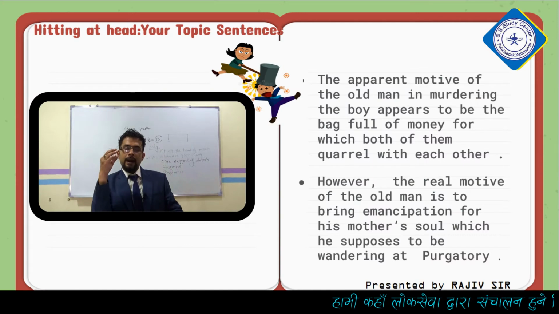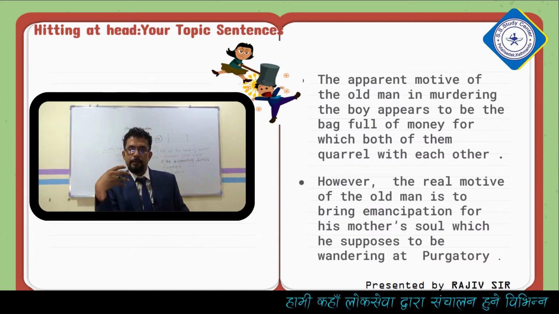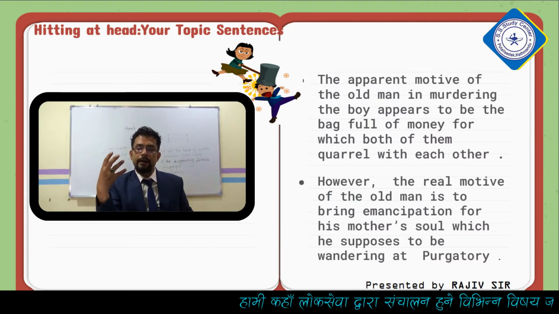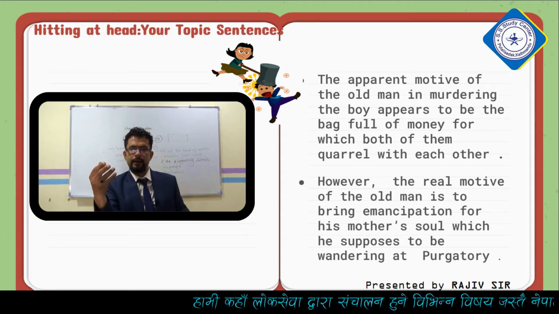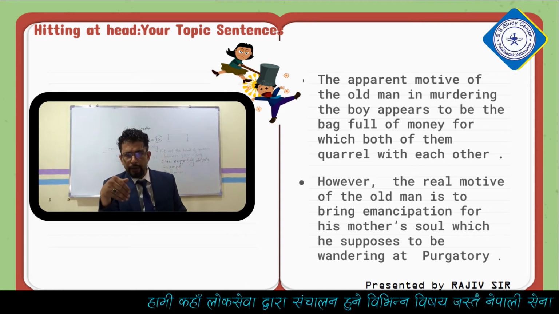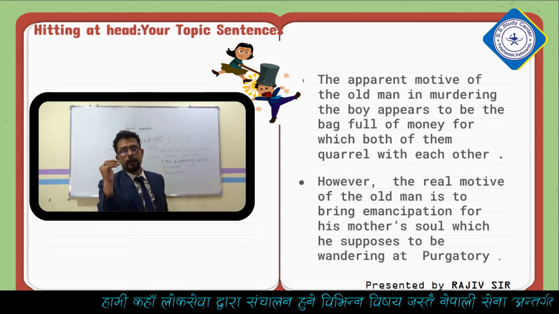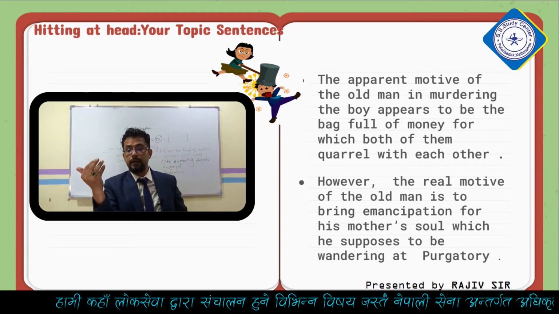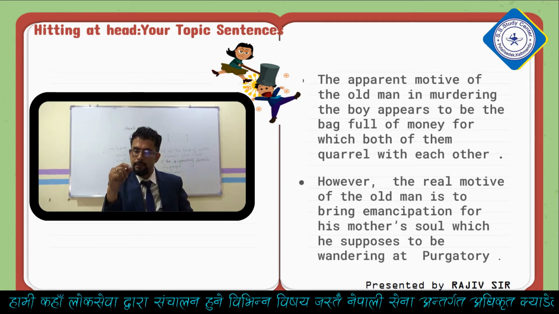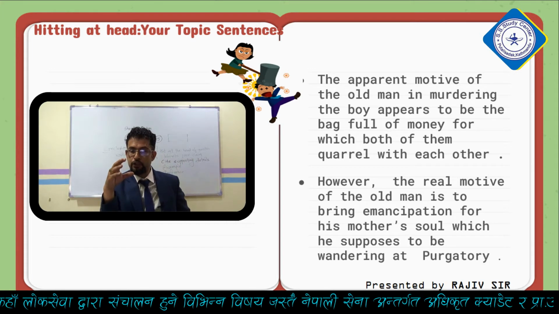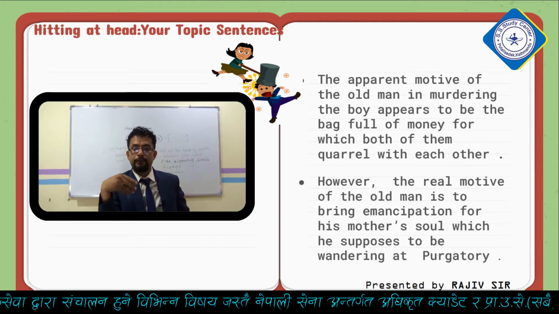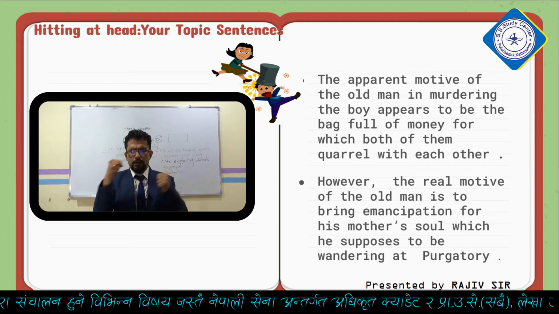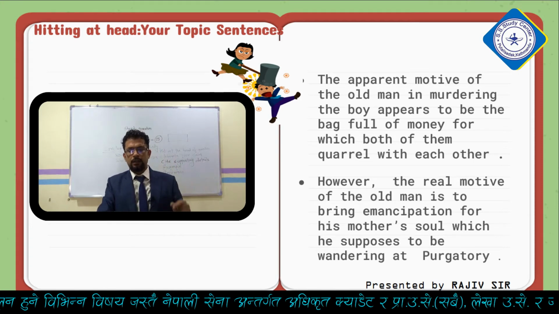So the body part begins: the apparent motive of the old man in murdering the boy appears to be the bag full of money, for which both of them quarrel with each other.